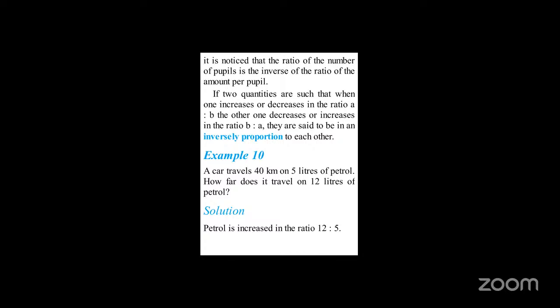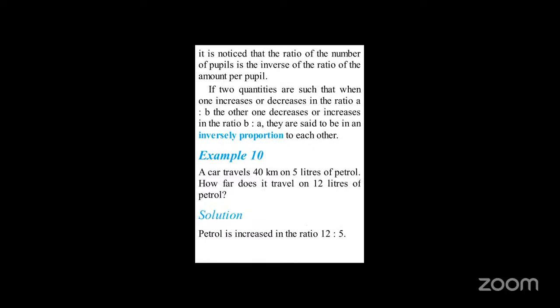So here we are comparing the petrol. The petrol was 5 liters. Then we have increased it to 12 liters. So what is going to happen? In this case, what is going to happen to the ratio of the distance in kilometers that is going to be used? Looking at this, it's a direct proportion.